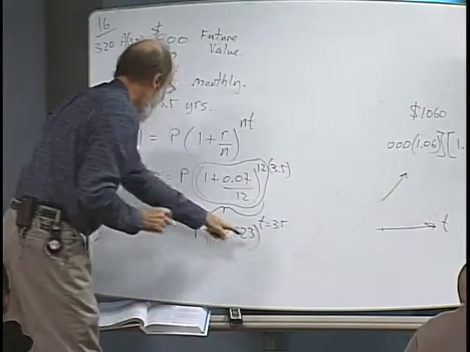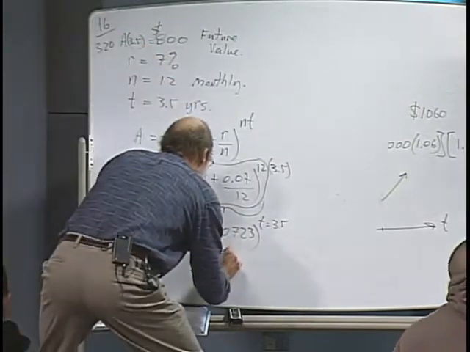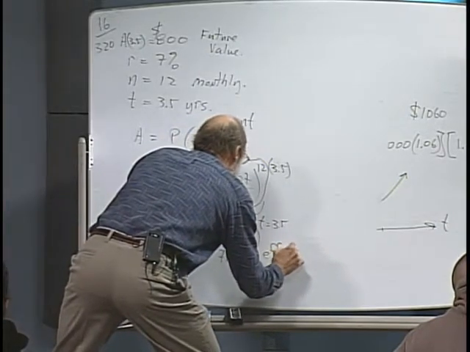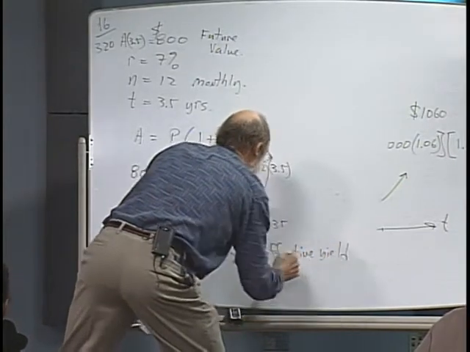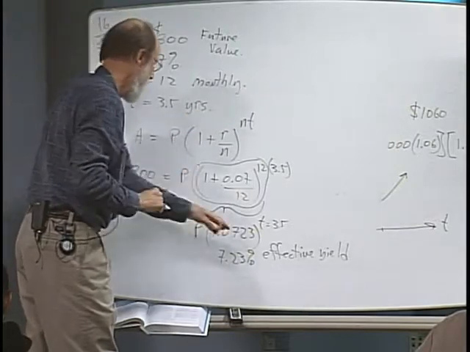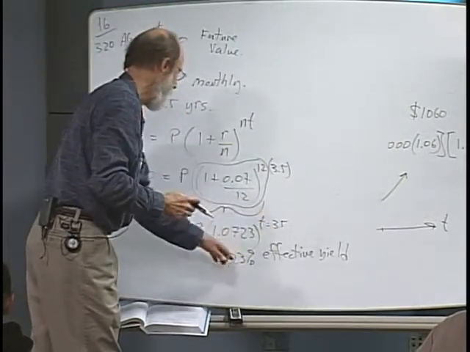Okay, so that's the effective yield, or the effective rate of return right there. 7.23% effective yield, or oftentimes called the effective rate of return. You go into a bank or credit union and you'll see a chart where it'll tell you the annual percentage rate, and they'll tell you what the effective yield is.